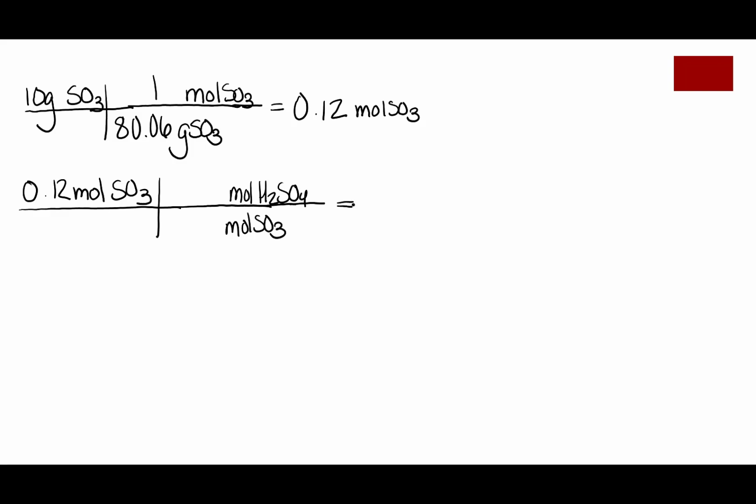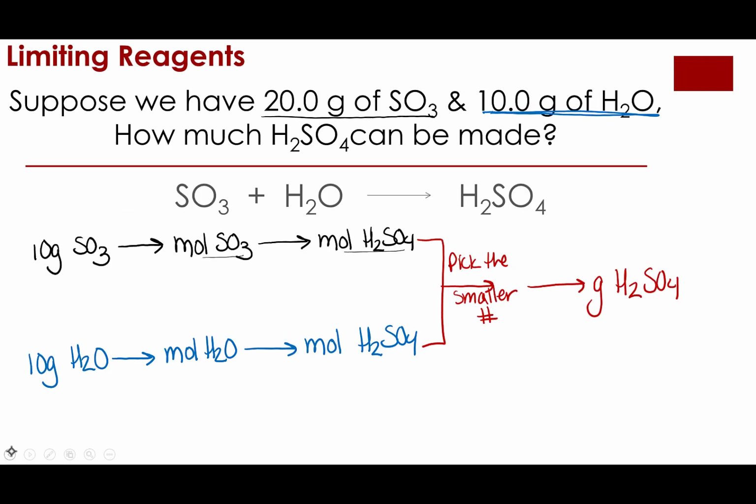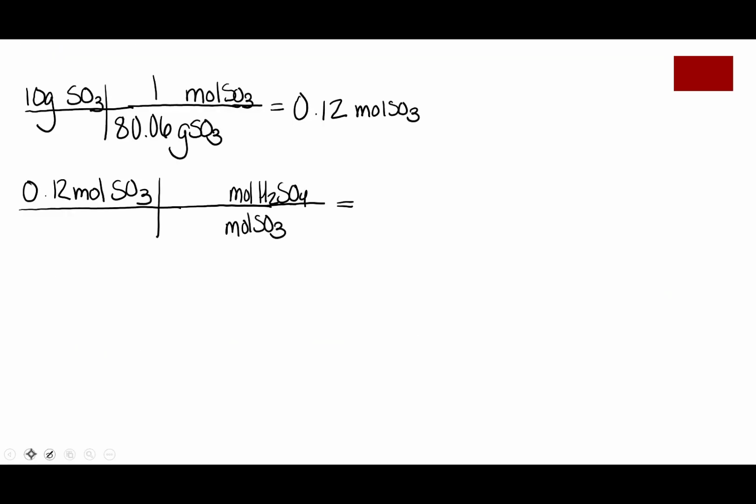And then to get the numbers that go into this step, we're going to look at the balanced chemical equation. And so everything here is a 1-to-1 ratio. So 1, 1, multiply across the top, divide by the bottom. So we get 0.12 moles of sulfuric acid.